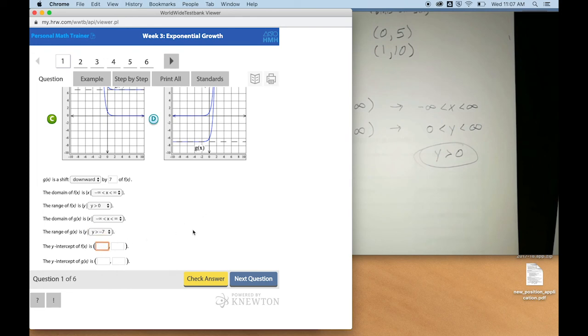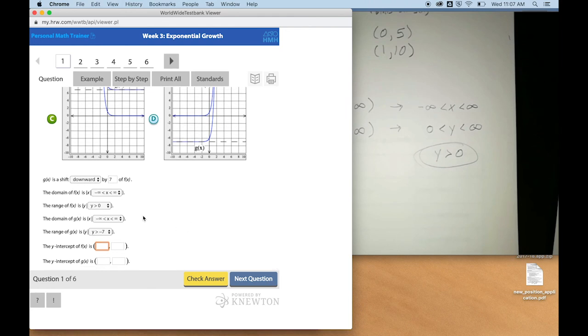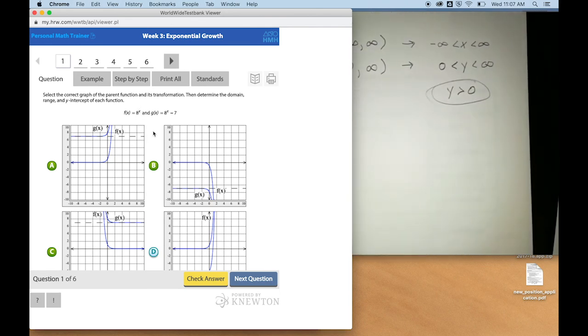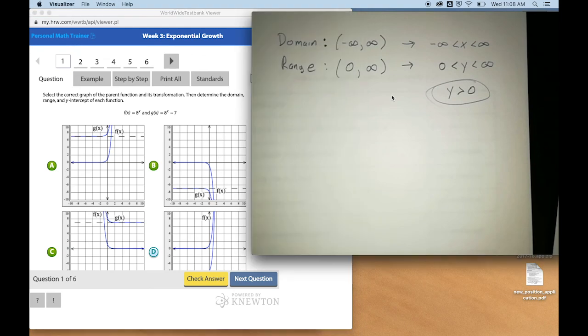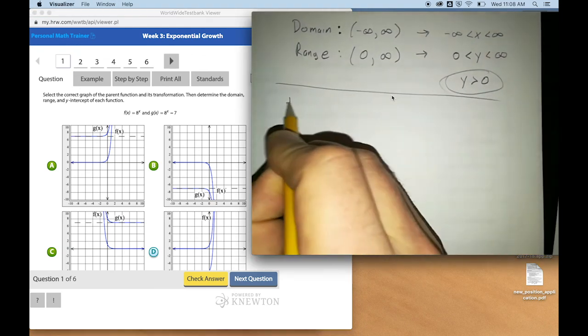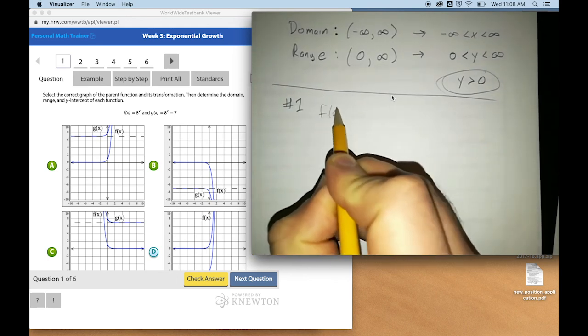All right, now we do have to identify the y-intercepts also. A couple different ways you could do that. You can graph these both on Desmos and identify the y-intercept. What I might do, I might just quickly do it on paper because it's, to me, a little easier, but it's up to you how you want to do that. You can just put in 0 into the function.